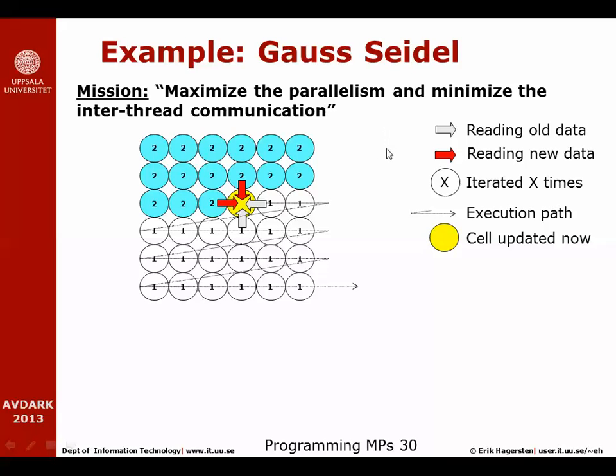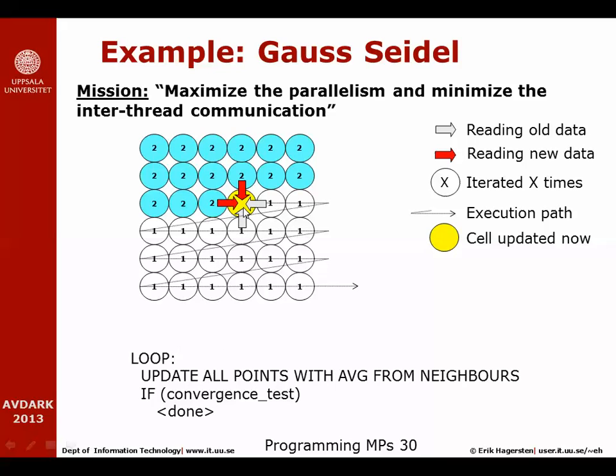I'm trying to show in this picture what Gauss-Seidel actually is doing. We have a matrix here, and in Gauss-Seidel we walk through this matrix row-wise, and we update each point in this matrix by calculating the average between its value and the value from all its neighbors.